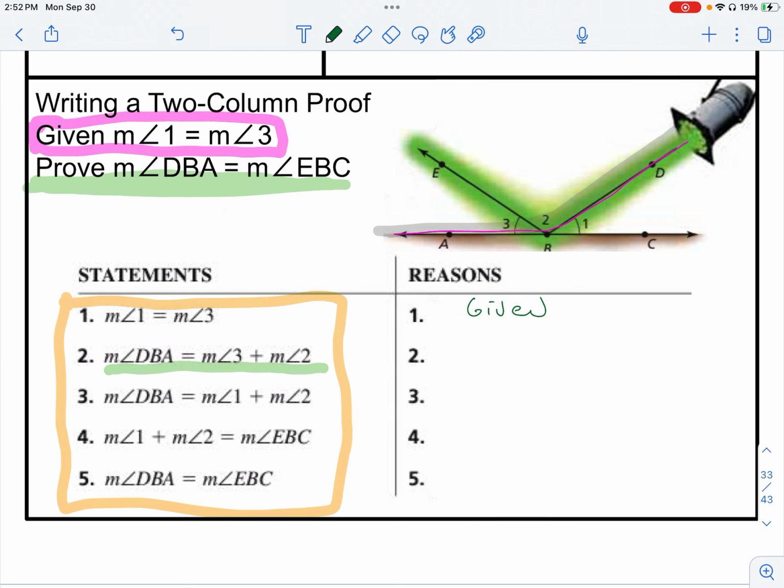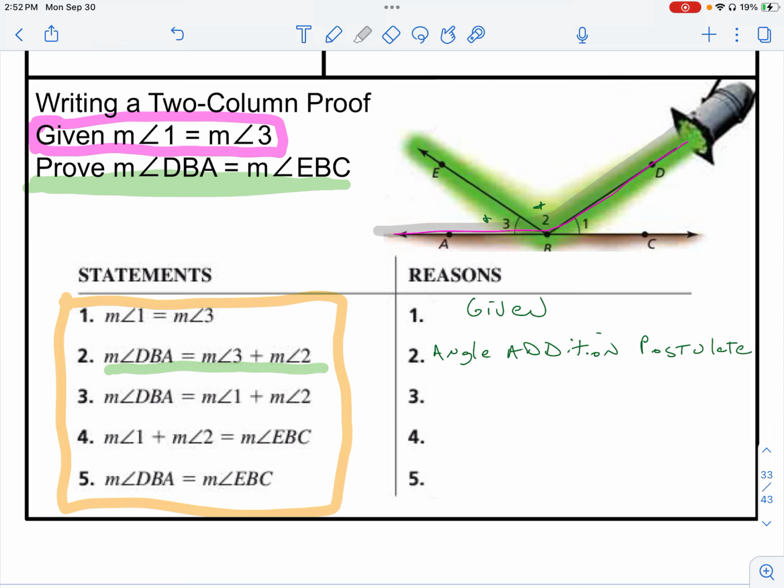And the measure of angle 3 and the measure of angle 2 add up to DBA. Well, that's our old friend, the angle addition postulate. So the two small angles add to the bigger angle. That works for us.